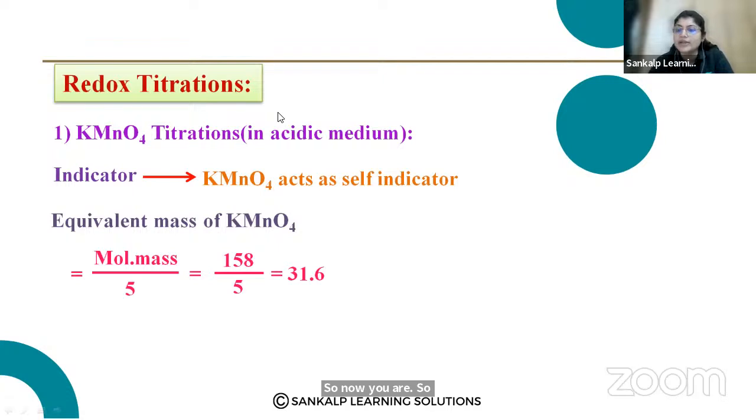The titration method can be adopted to determine the strength of the reductant or the oxidant using a redox sensitive indicator. The first one is KMnO4 titration, students.